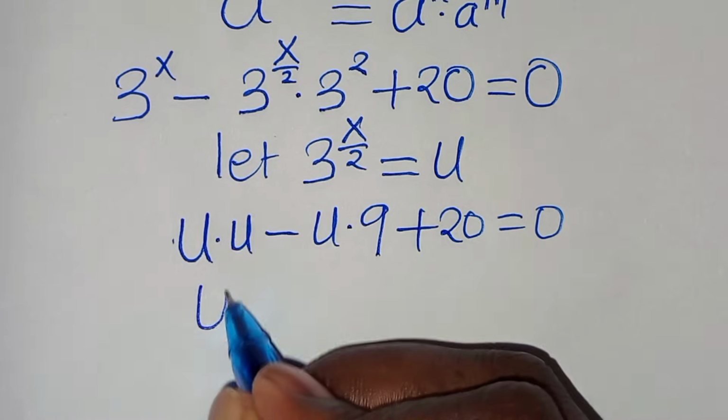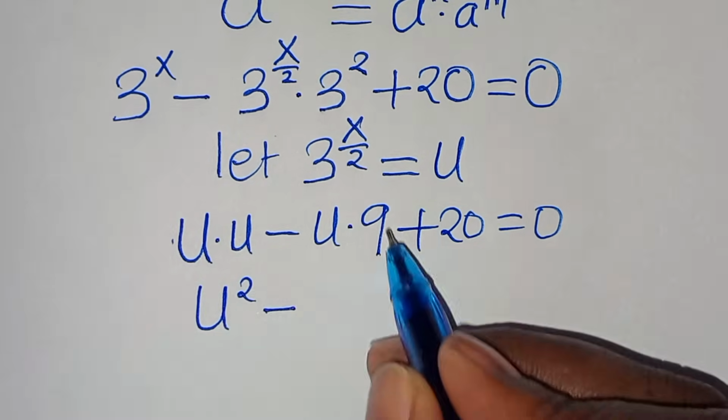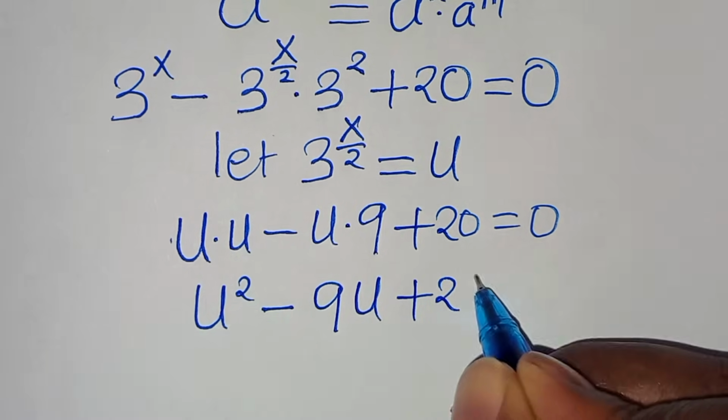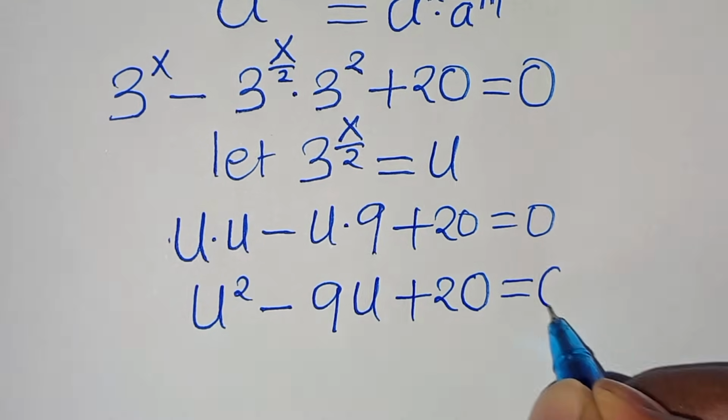So here we have u squared minus 9u plus 20 equals 0.